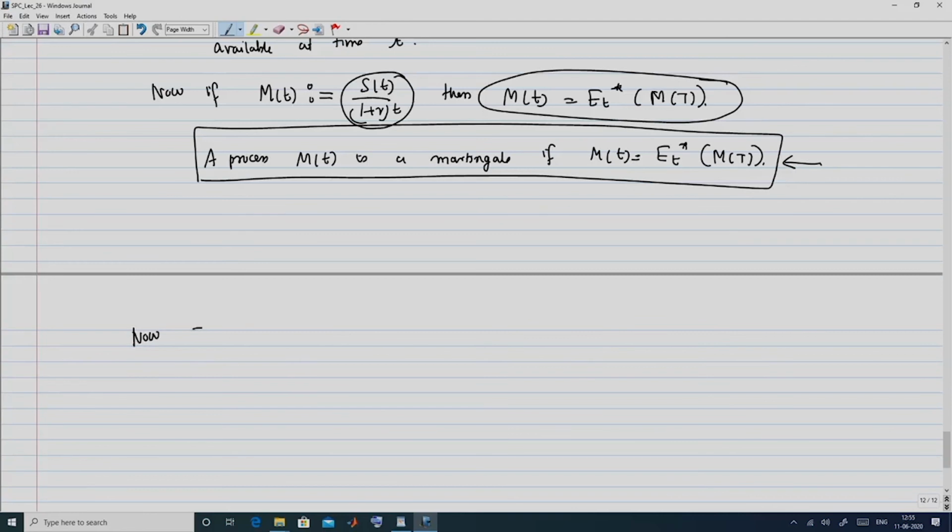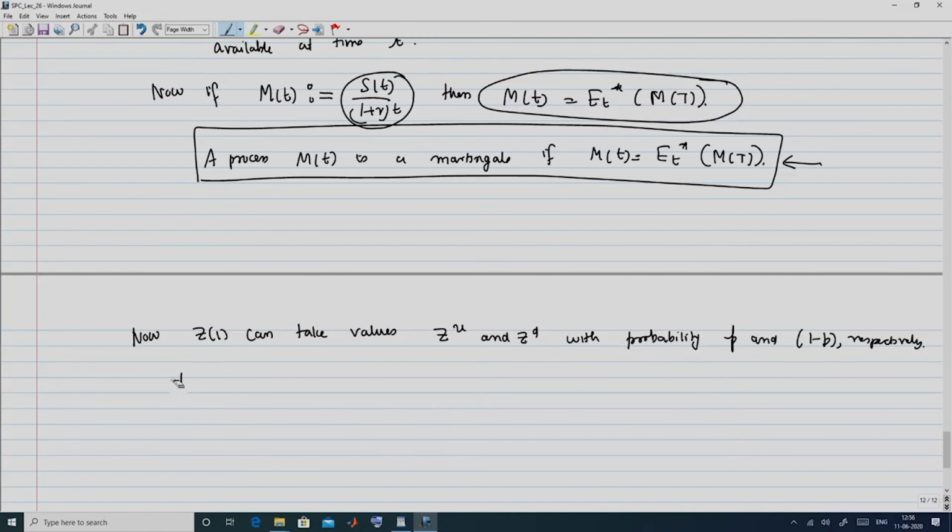Now, we observe that Z1 can take two values. Remember that this depends on whether the stock goes up or down. So, depending on SU and SD, it can take two values ZU and ZD with probability P and 1 minus P respectively.